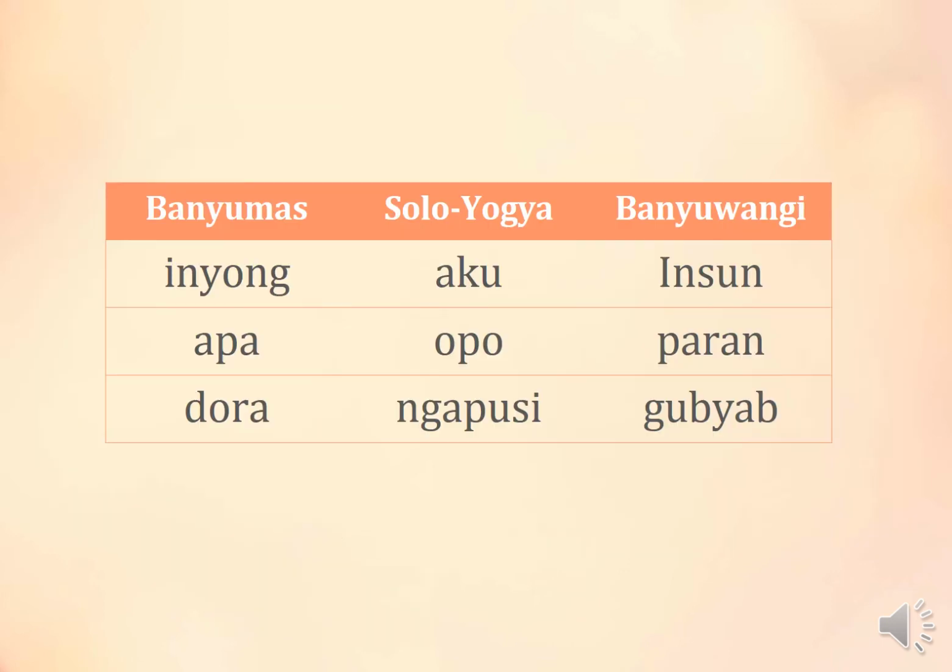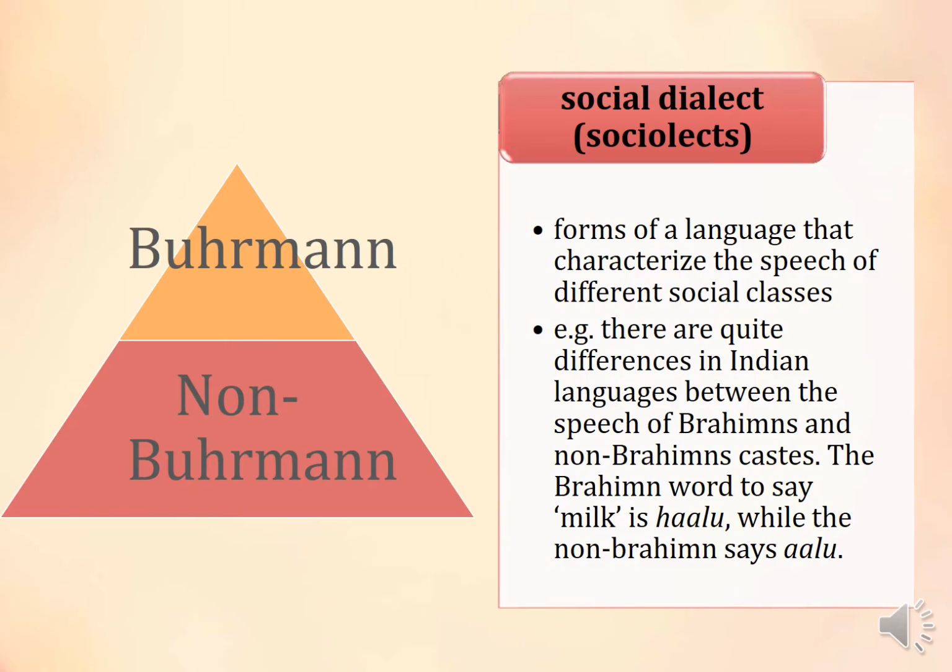These are further examples of dialects derived from different languages, and you can take a look over that. Then we have other social dialects. In our native country, India, we have different forms of language that characterize the speech of different social classes. Some upper classes don't allow the lower classes to use their language, like Brahman and non-Brahman.